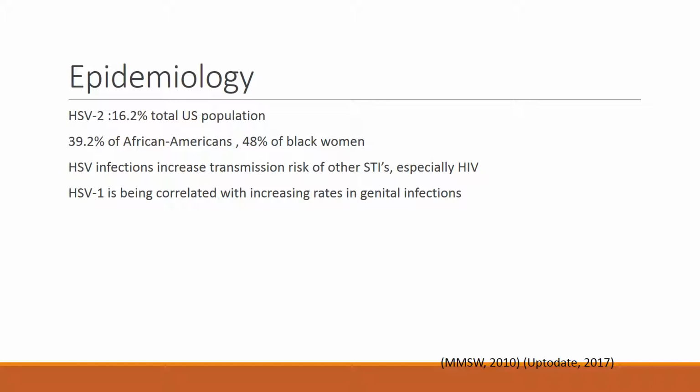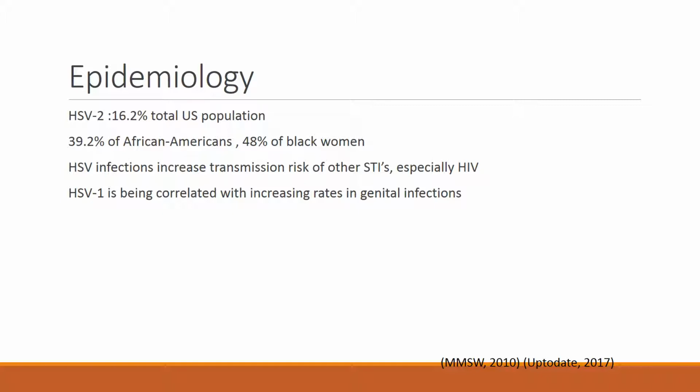And then, when we talk about HSV-1 and HSV-2, what's the difference between those two? HSV-1 historically has been thought of as just an oral infection, so getting those oral herpes lesions. But we're seeing much higher rates of genital infections now with HSV-1.